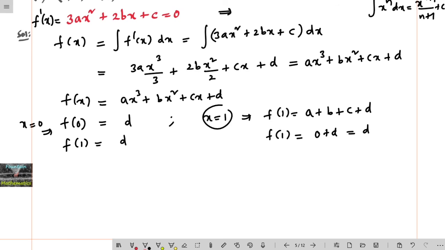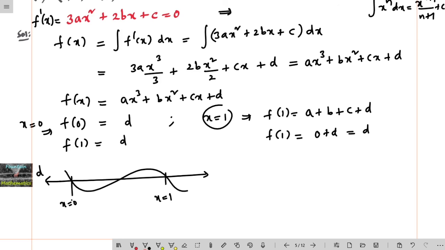And just observe, for a cubic equation ax power 3 plus bx square plus cx plus d, we have some curve. If I take this as 0, this is the d value, for x is equal to 0, and if I take this as x is equal to 1, for x is equal to 0 and for x is equal to 1 we have the same value d only.